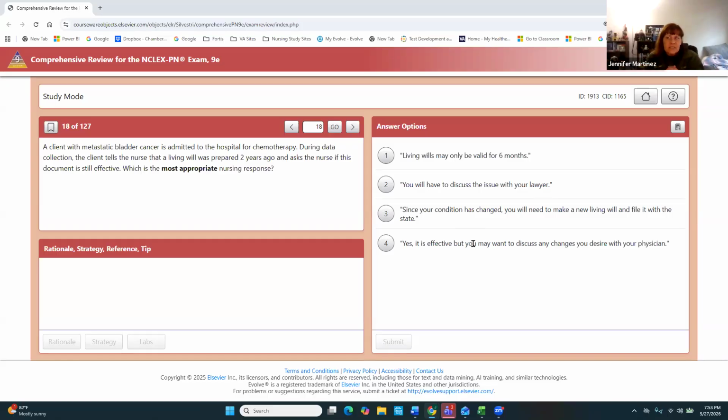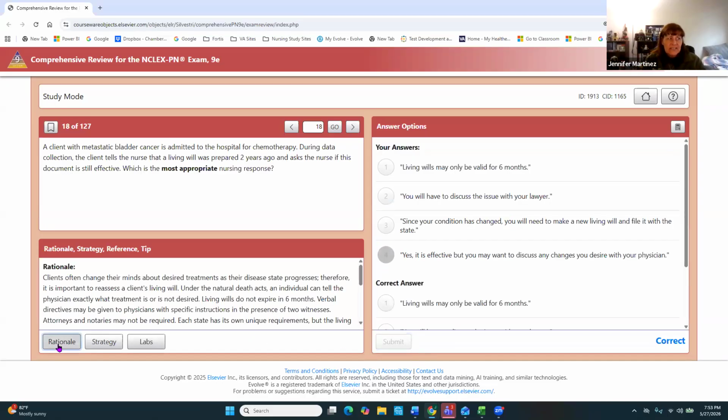We can obviously, in certain cases, if we do get a terminal diagnosis, set up what we want done and what we don't want done. And yes, it is 100%. It doesn't expire unless the patient says, I don't want this anymore, I want to redo it or whatever it is.